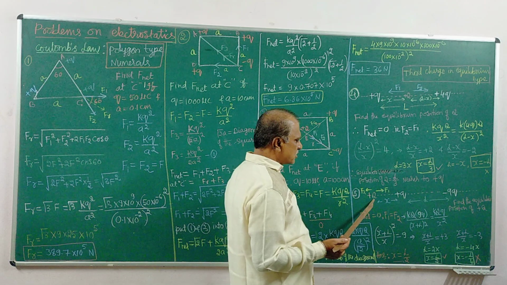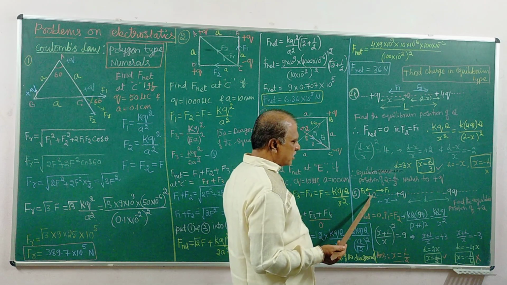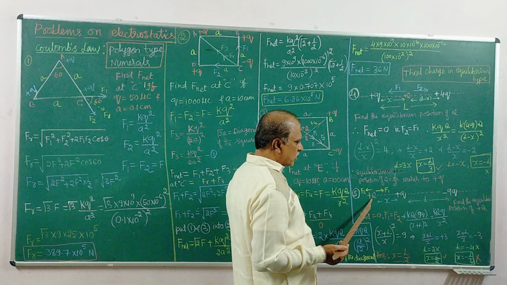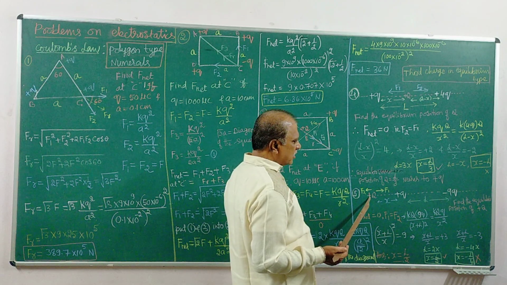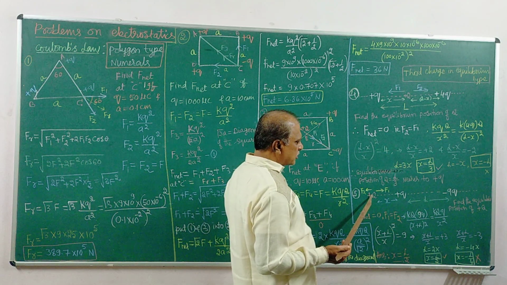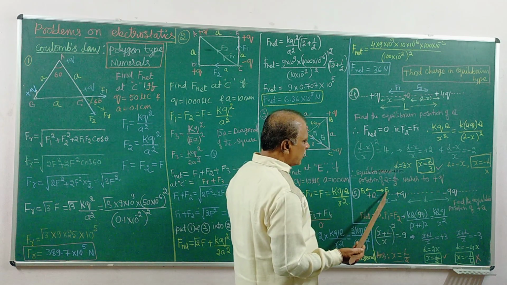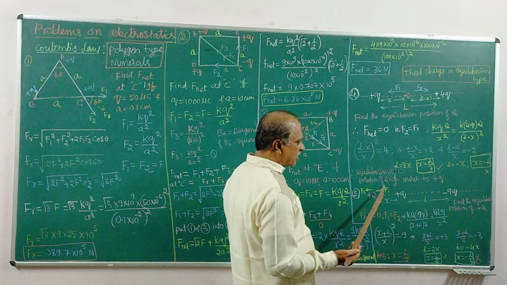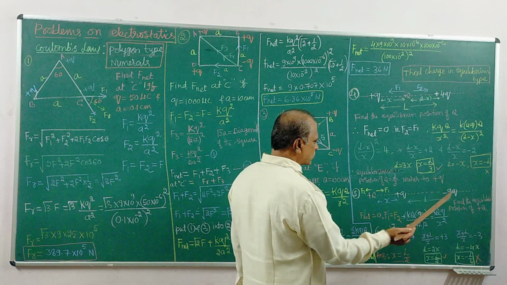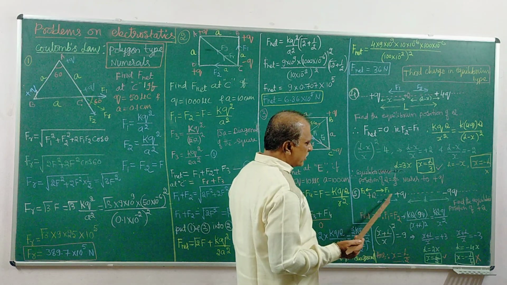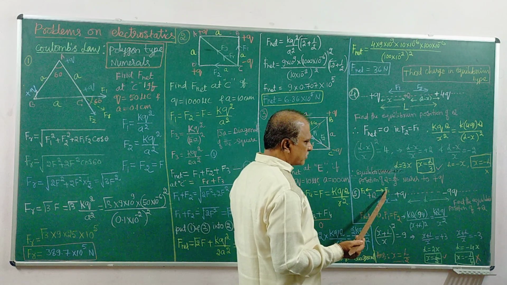Let us keep this near the smaller charge, away from the other, along the same line, plus Q. And observe the force acting on this Q by this charge as well as this charge. F1 is the force acting on this charge by this one, that is attraction, moving in this direction.